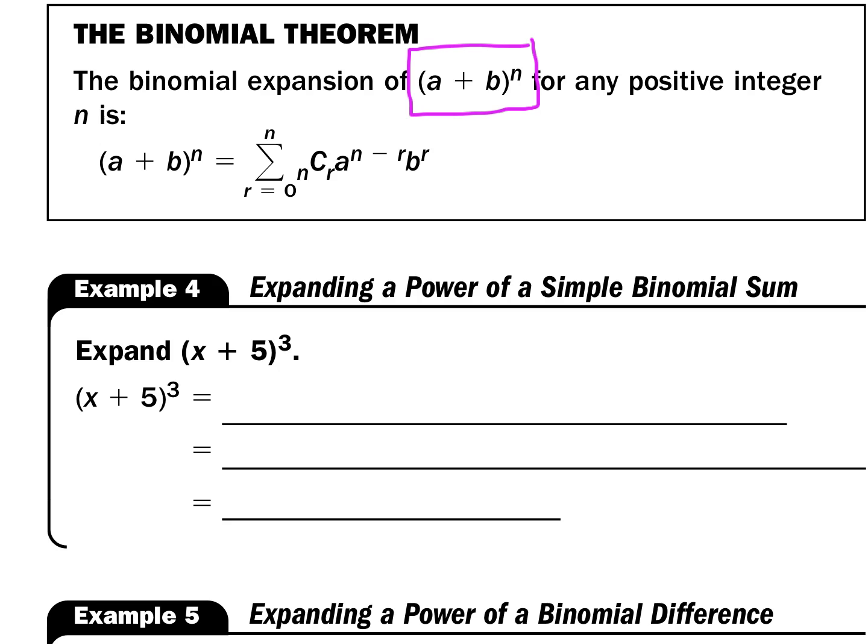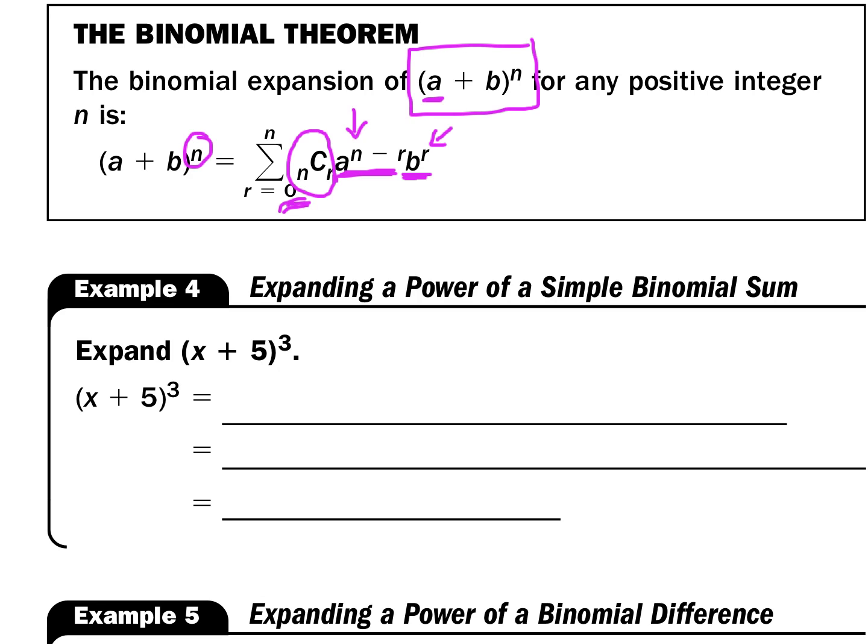So what we do is we use those combinations as the coefficients on the front, and then we have our first term in descending order, starting with the value of n and going all the way to 0. And then our b term will have a coefficient of whatever r is, and r is going to start at 0 and then work its way up.